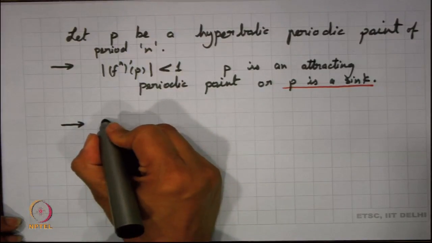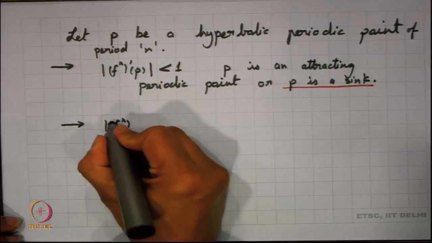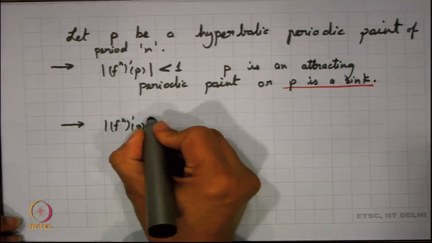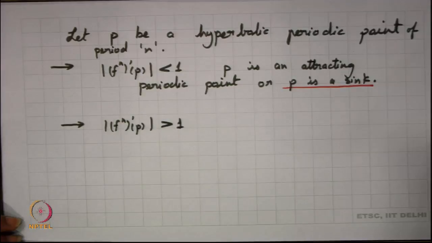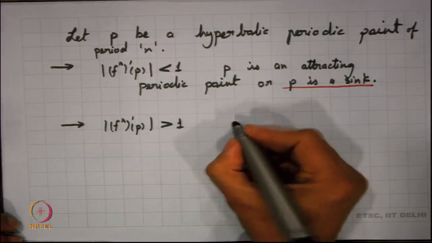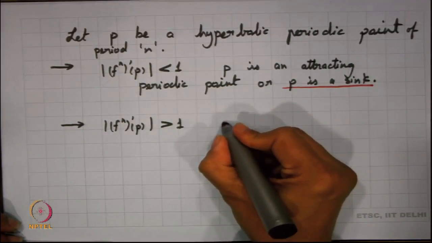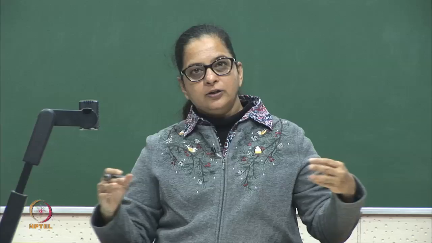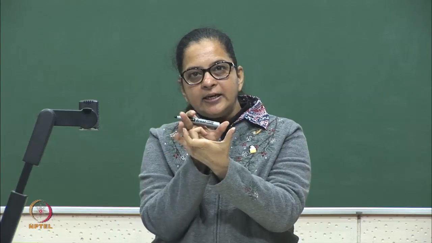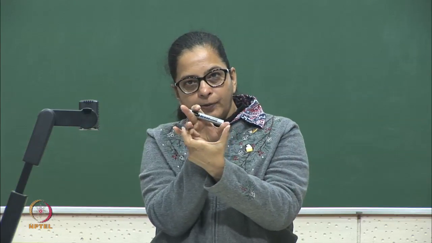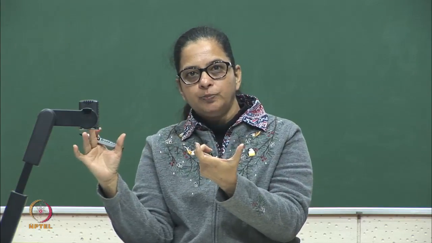Suppose we have the case that the modulus of (f^n)'(p) is greater than 1. What happens in that case? The neighborhood of p is in the unstable set. That means all the points in the neighborhood are backward asymptotic to p. They move away from p; they are repelled from p.